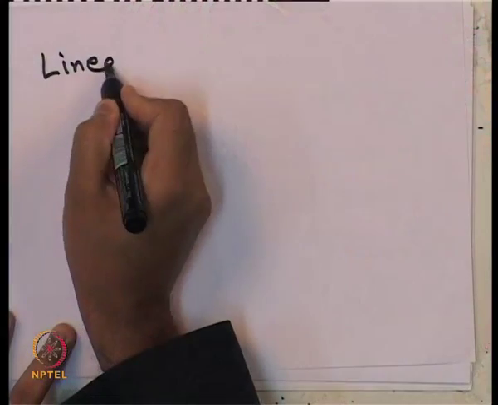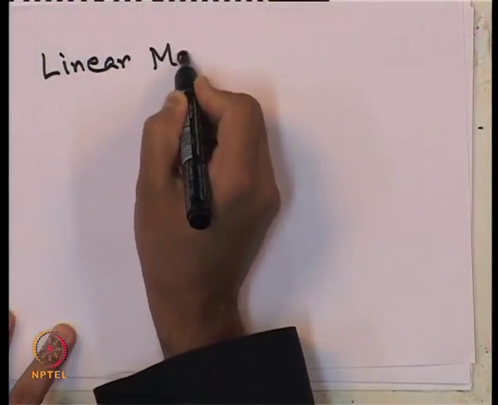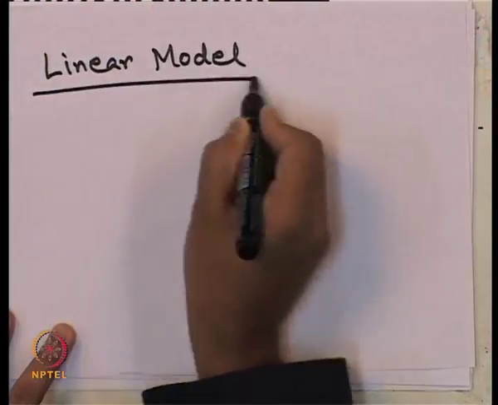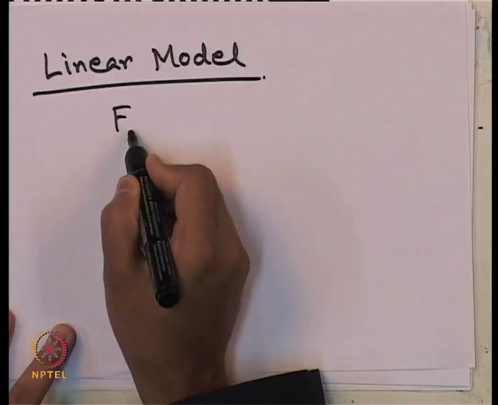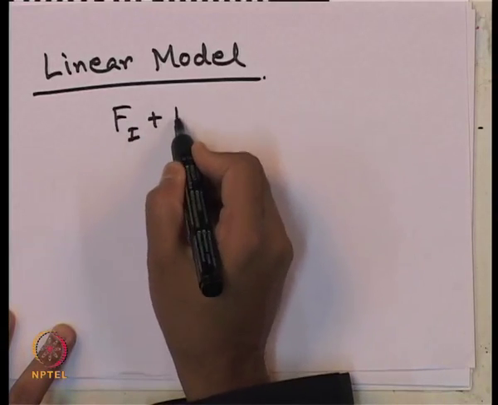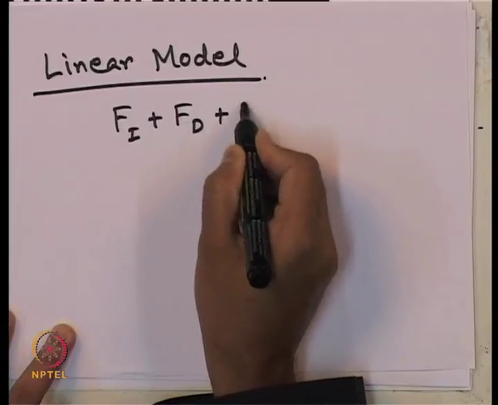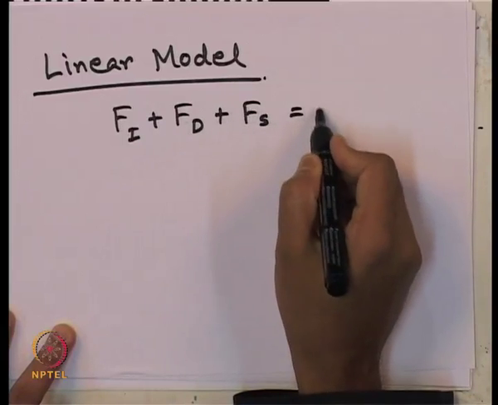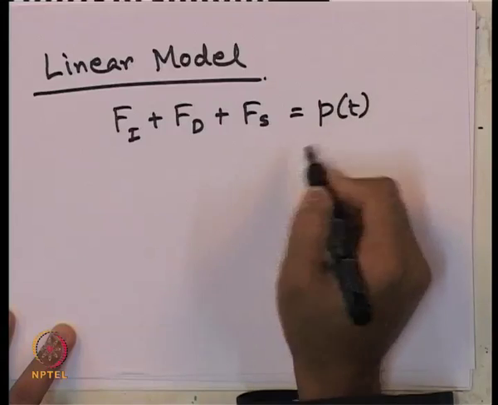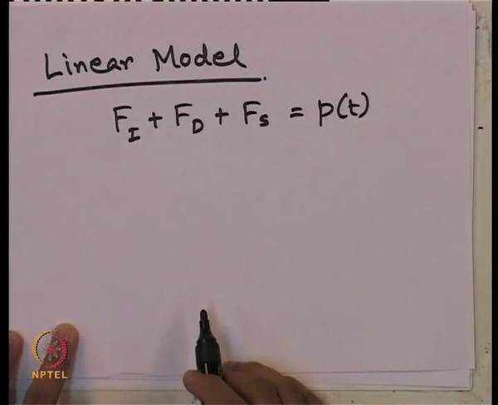So, for the simplest case, considering the linear model, we got the equation f I plus f d plus f s equals p of t. That was the equation from D'Alembert's principle.